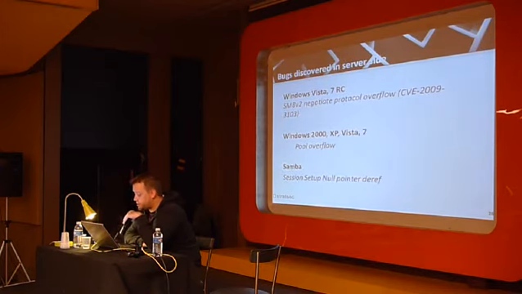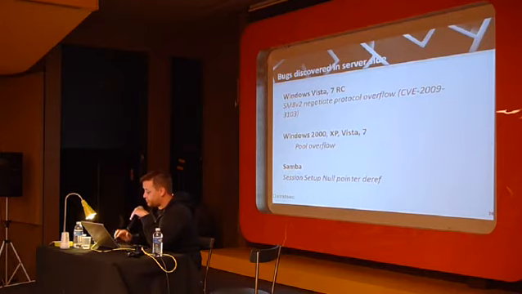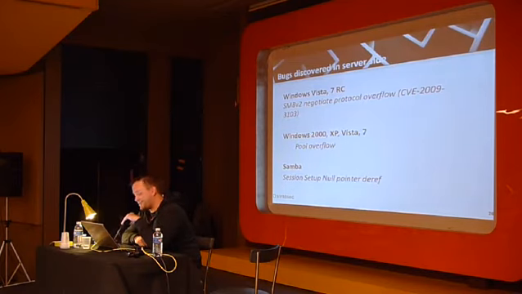Server side, there's an SMBv2 bug, which was patched a long time ago now. There's a pool overflow that you just saw, server side. Samba, there's a nil pointer dereference, actually the hardest bug to find with dumb fuzzing.